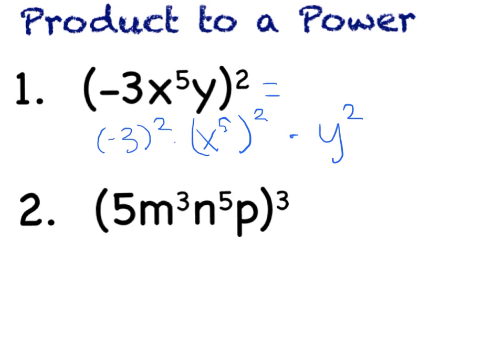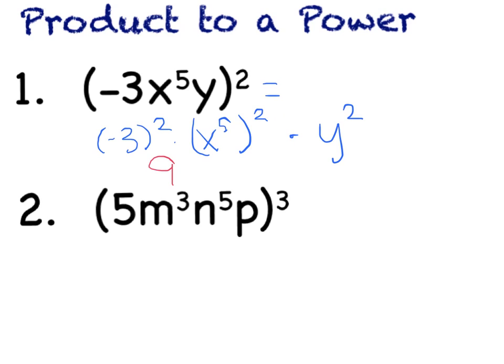To do that, I take -3 squared. So -3 times -3. Negative times negative is positive, so that's going to give me a positive 9. We learned that x to the 5th squared is a power to a power.